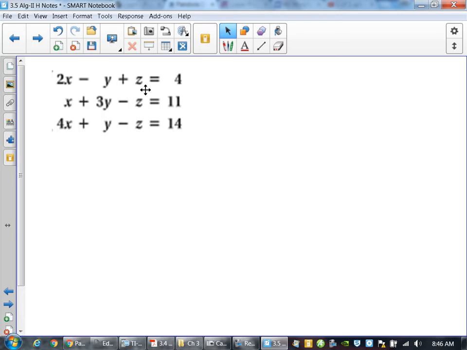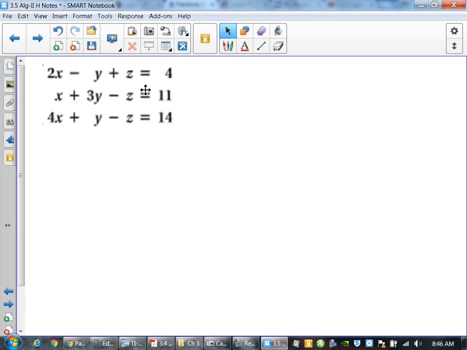What I would probably do here is take the first equation and add it to the second equation, and take the first equation and add it to the third equation, and by doing that, which variable would I eliminate? Z. And then I can solve the system of equations via 2 variables and then work my way backwards. That's the idea of what we're looking at.